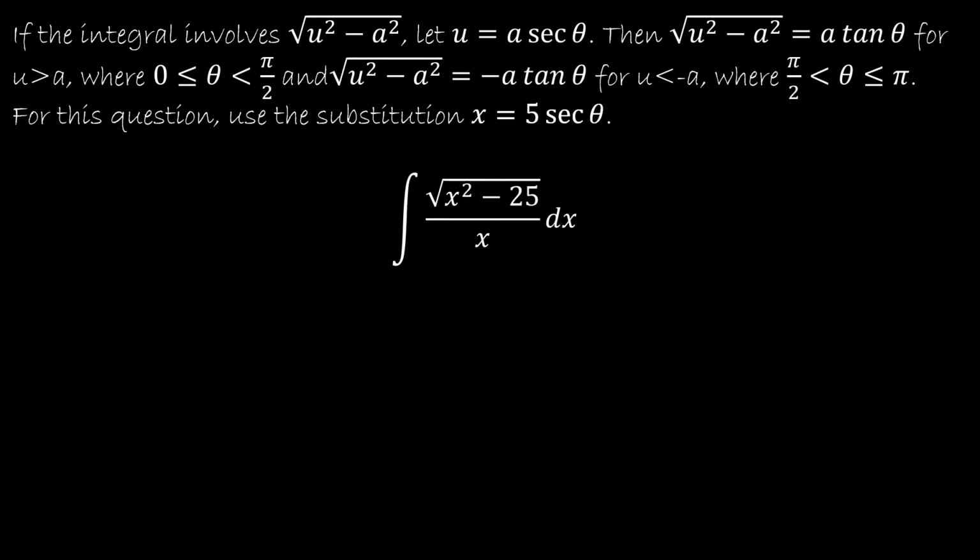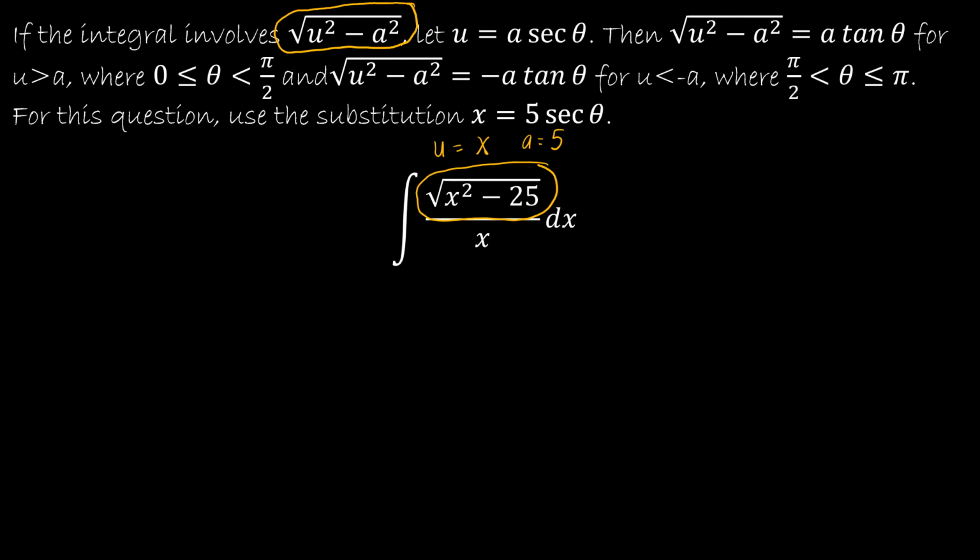Let's try one now with a different pattern. So this pattern is also subtraction, just like our last example, but this one has my function occurring first. So looking at my radical, I can see that u would be the square root of x squared, which is x, and a would be the square root of 25, which is 5.